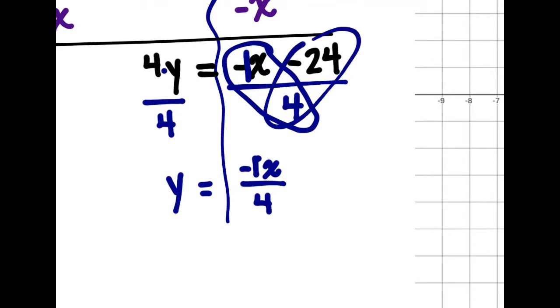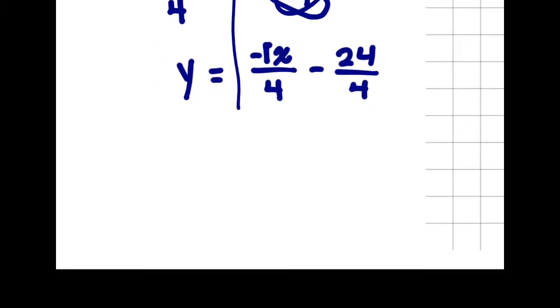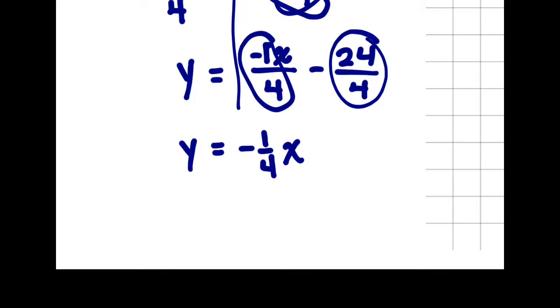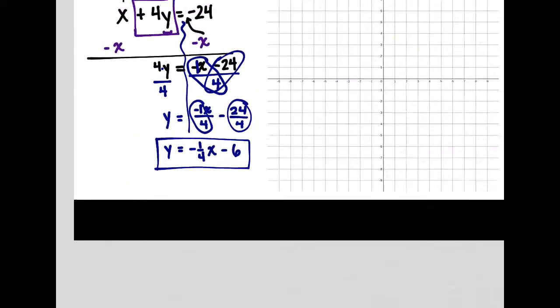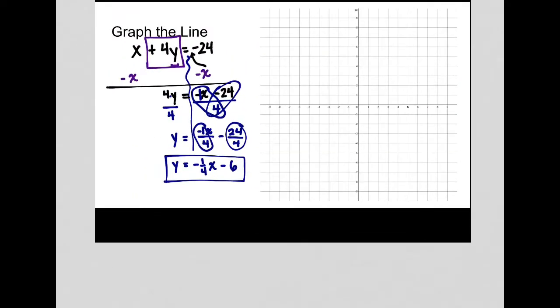And then I can make that into just the fraction -1/4. And then this is -6. And that's my equation. And so what I do is my y-intercept is that one that's by itself, -6.